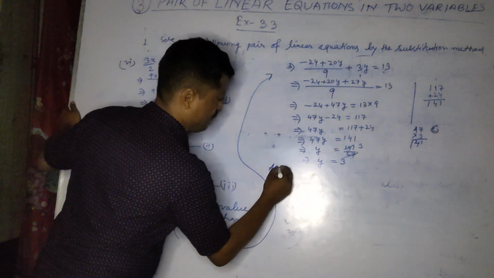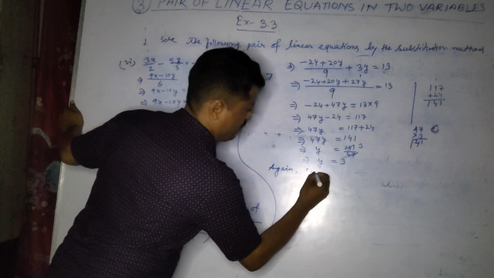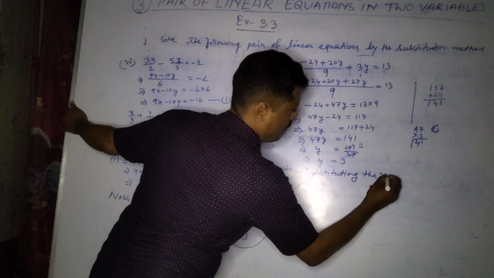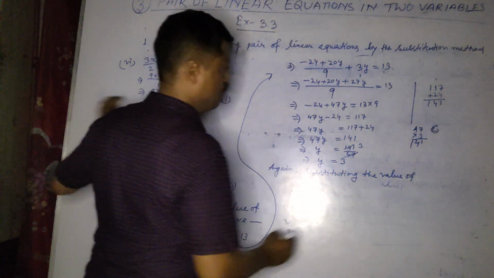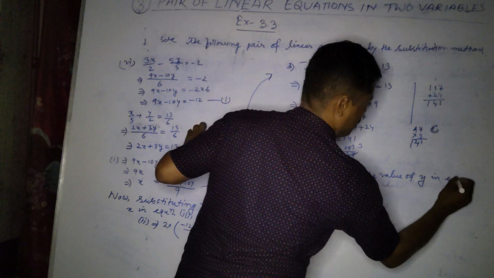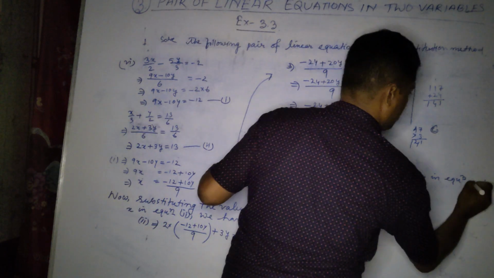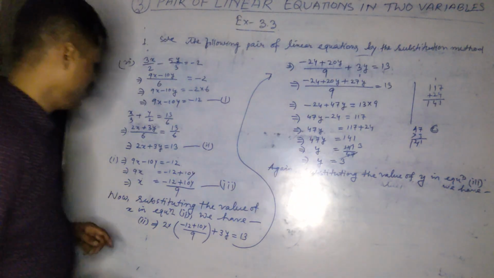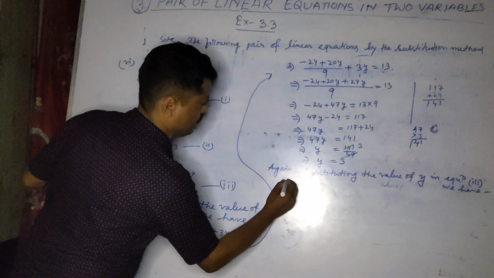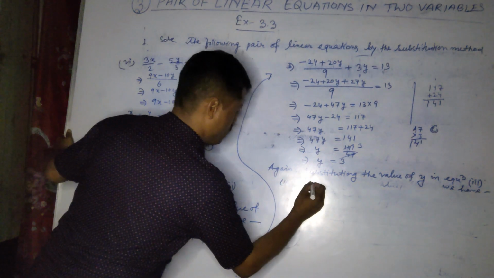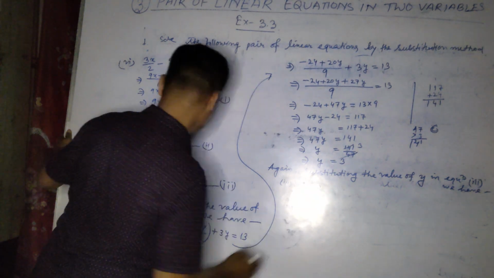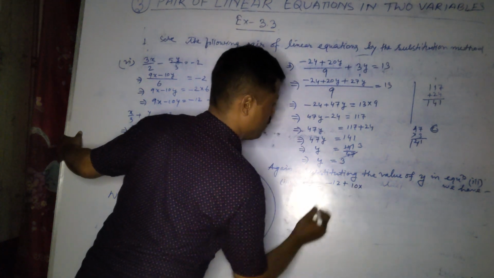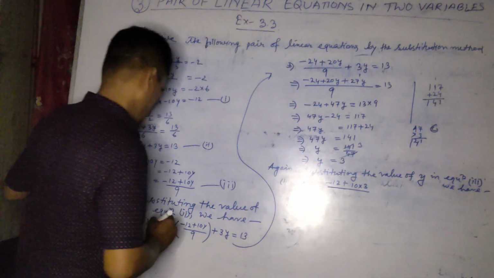So again substituting the value of y in equation 3, we have x is equal to minus 12 plus 10 into the y value, 3, divided by 9.